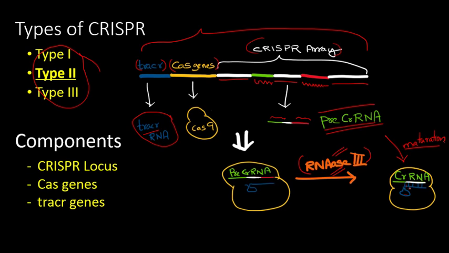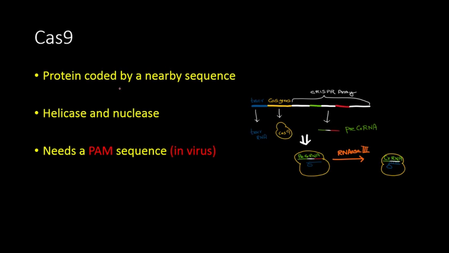It has to be remembered that the tracer RNA will attach only to the repeats, that is the CRISPR repeats, not to the unique area. This unique area is for attachment, which will come later. Now coming to Cas9, it is a protein and it acts as a helicase as well as an endonuclease. It requires a PAM sequence in the target, in our case a virus.